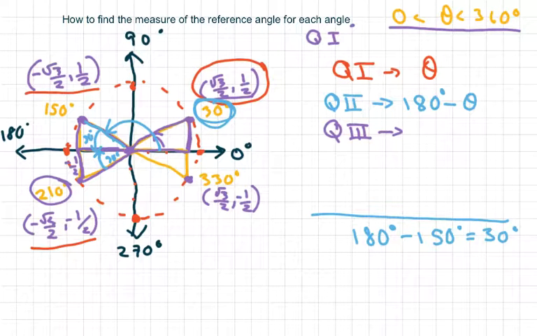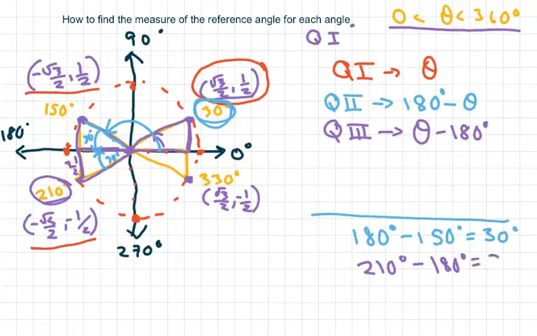To get that angle for quadrant 3, we take our angle minus 180 degrees. In that case, my angle is 210 degrees minus 180, and that gives me my 30 degrees.